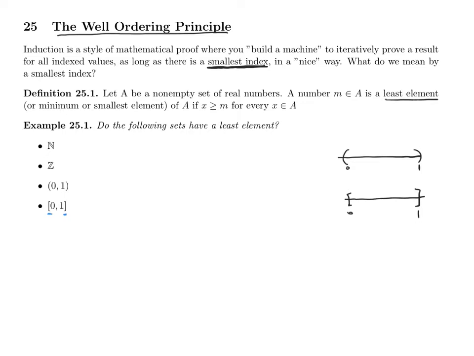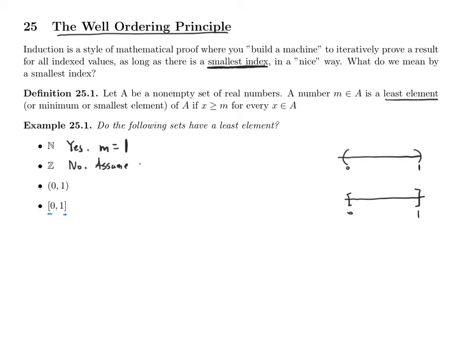Okay, now that you're back, the answer to the first one is, of course, yes. And that minimum element is 1. Every counting number, every natural number, is greater than or equal to 1. 1 is the smallest one. So that one was pretty easy. What about the integers? Well, the integers don't have one. And how could we show that? Well, let's do it by contradiction.